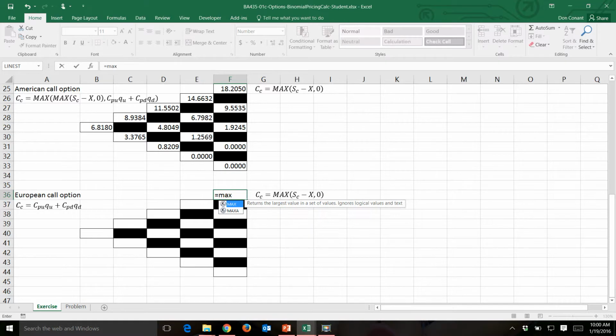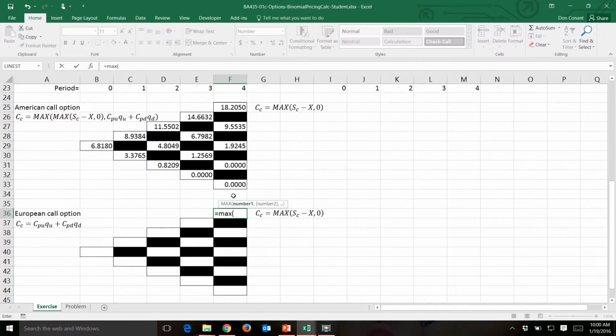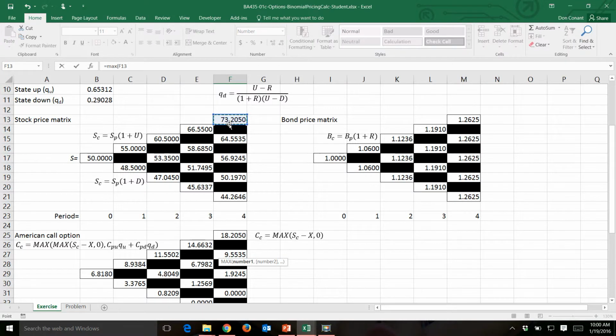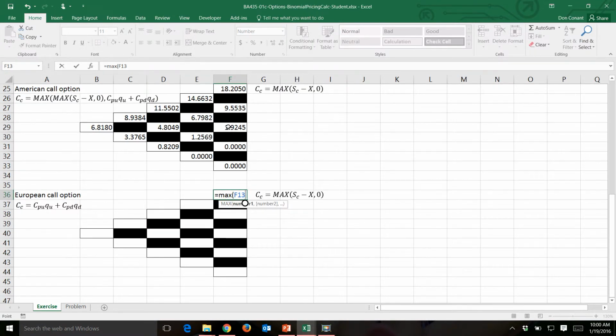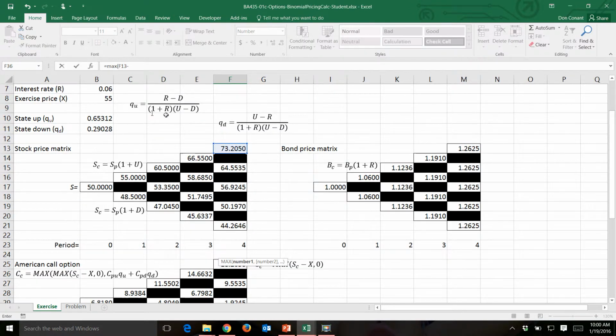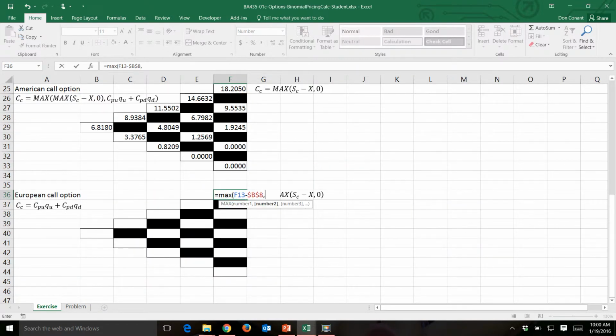We'll take the max of the current stock price, leave that relative, minus the exercise price, which is here, make that absolute, or 0, whichever is greater. Then I can just copy that, Control C, and do all of my final period calculations here, Control V, Control V, Control V, Control V.